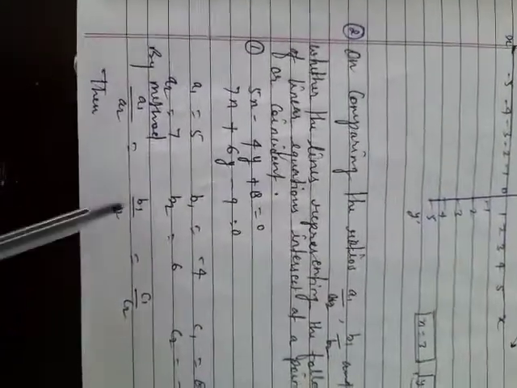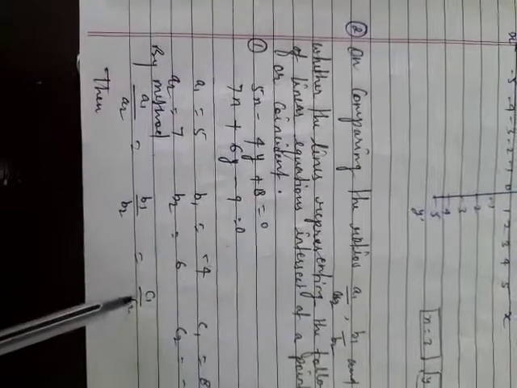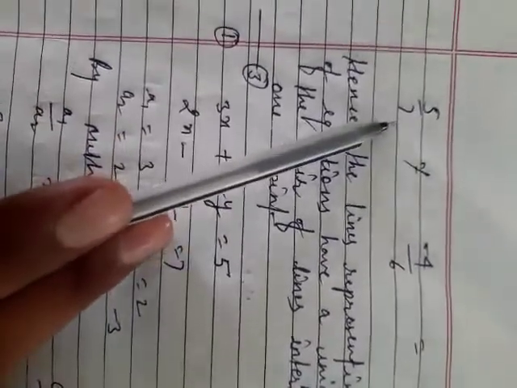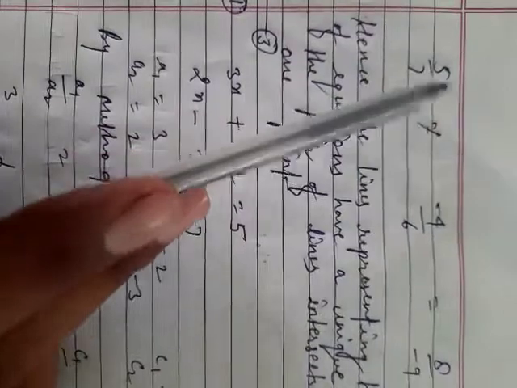By what method? The method is here: a1 upon a2 is equal to b1 upon b2 is equal to c1 upon c2. Then apply the values of a1, a2, b1, b2, c1, c2. Look here, a1 upon a2 and b1 upon b2, here you are not getting equal values, so they are unequal.